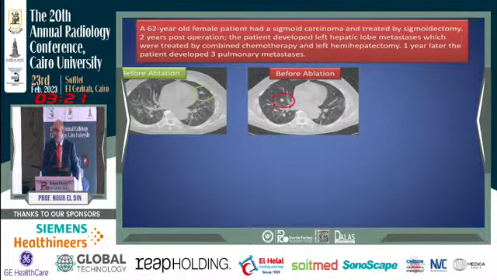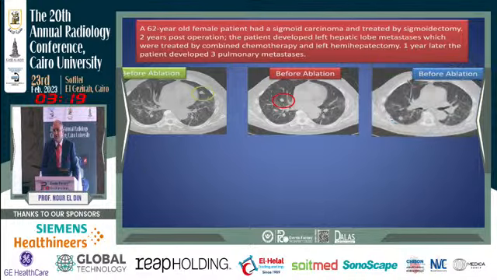The main advantage of ablation over surgery is the treatment of multiplicity of lesions. You can see this is a colorectal cancer patient from the sigmoid, and he had multiple metastases, one in the left lung at the lingula, and 2 lesions, one in the middle lobe and one in the right lower lobe.